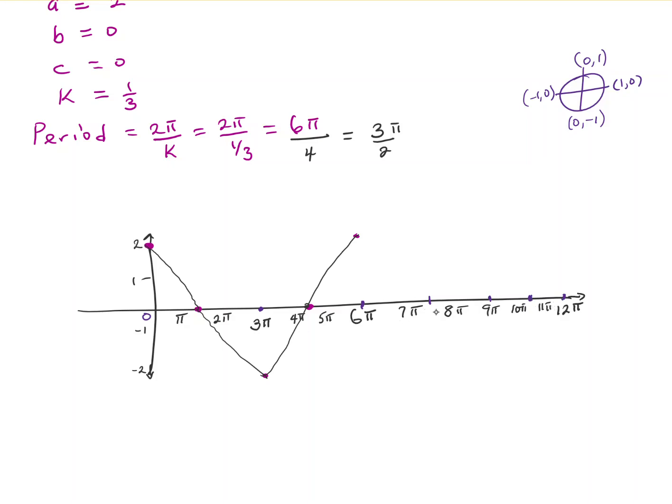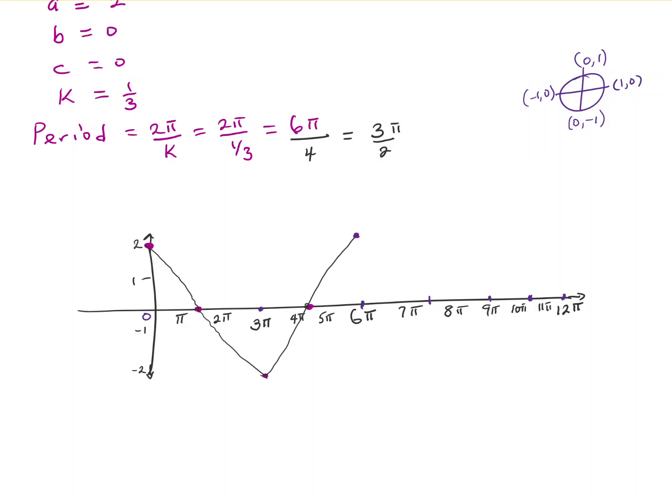So we have 1, 2, 3, 4. From our starting point, it is the x value, which is 1, and it is 2 in this case, so we are here.